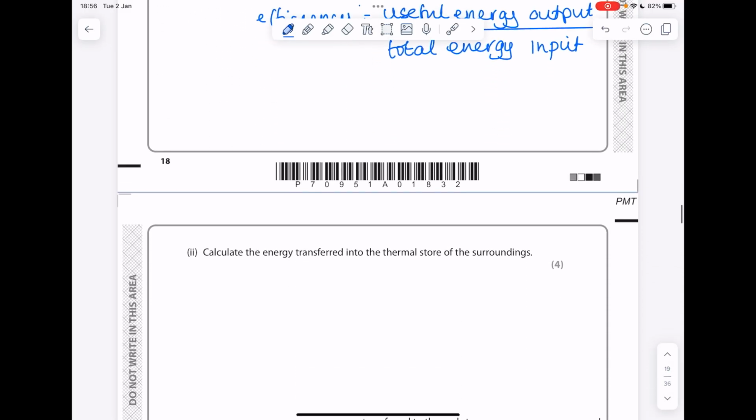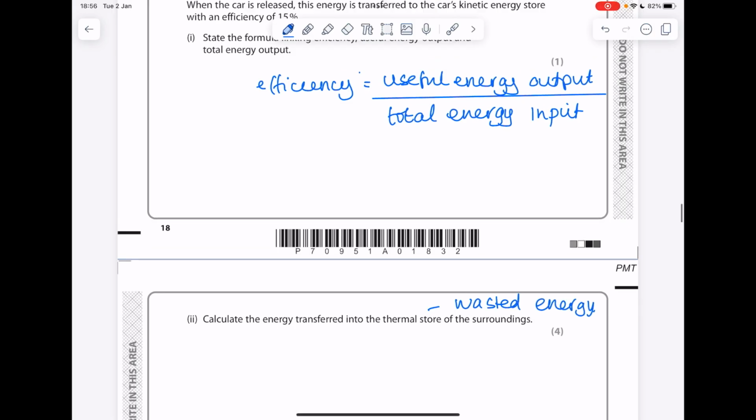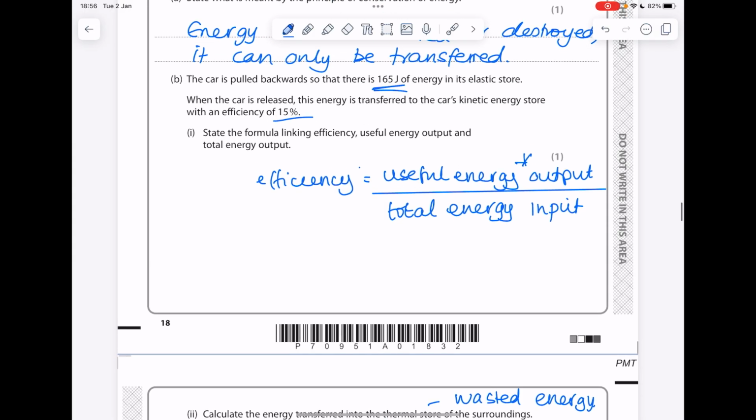Calculate the energy transferred into the thermal store of the surroundings. This is effectively the wasted energy. So what we're going to have to do is work out the useful energy up here and then take it away from that total energy input.